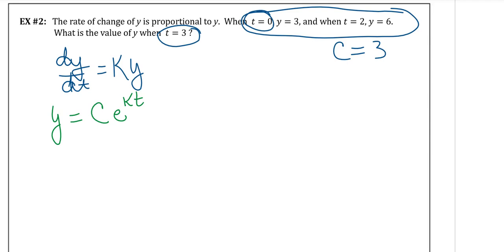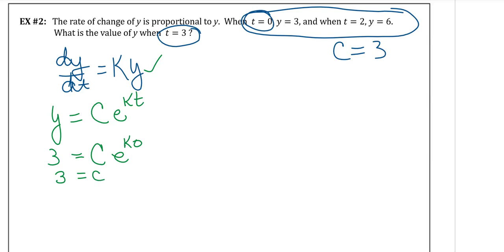The assumption is that you recognize this relationship and you don't have to go through the steps for solving it. So we already know that c is 3, but if you wanted to prove that, if you're asked to do that, you can write, so we know the initial condition is 3, so we can write 3 equals c times e to the k times 0. So we have c equals 3. So we have that much.